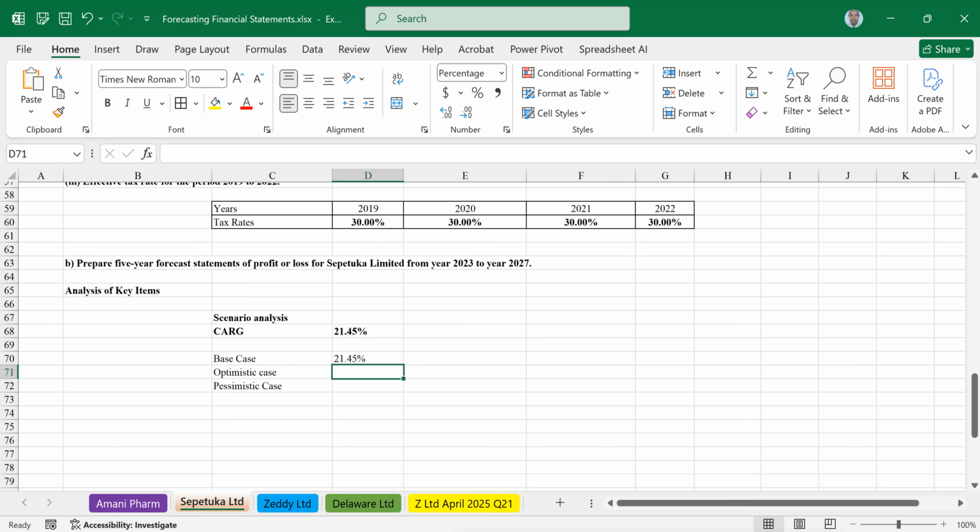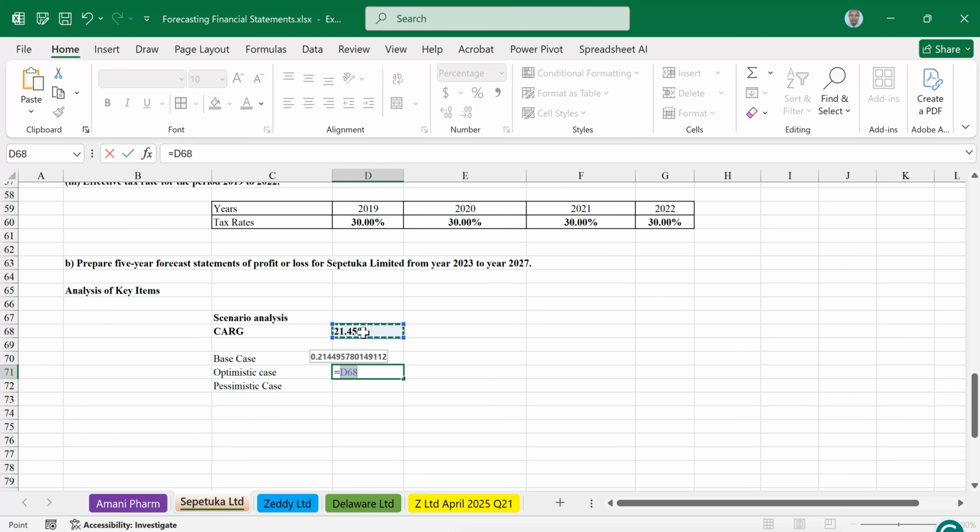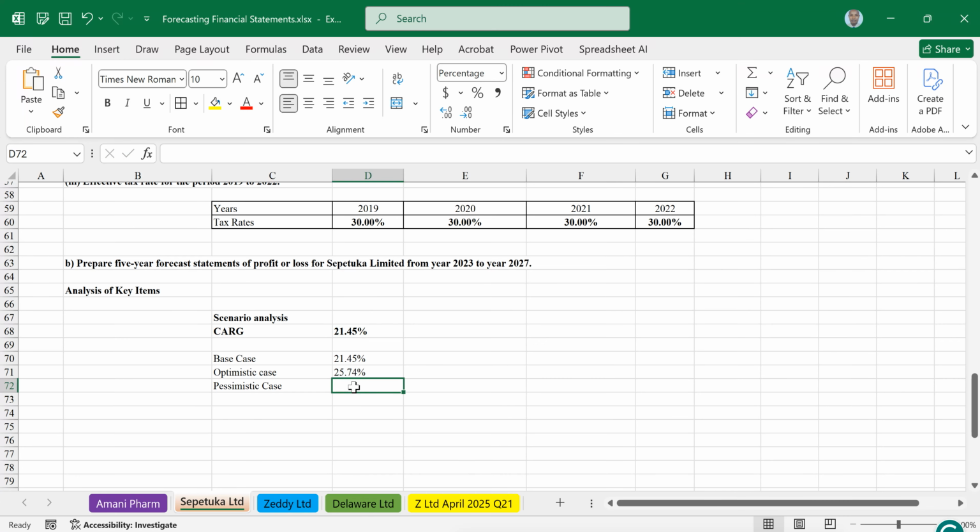Optimistic will be equal sign, click on the CAGR up there, times, open bracket, 1 plus 20%, because it will be 20% above the base case. That gives you 25.74.